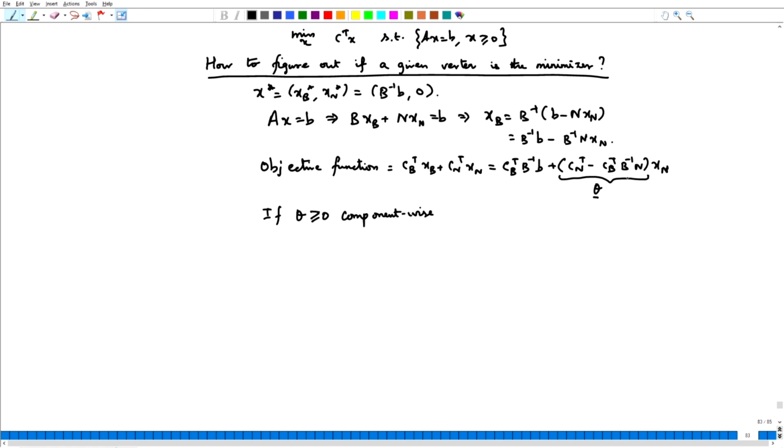So, B inverse N is m cross n minus m, and cB transpose is 1 cross m. So, this will also be 1 cross n minus m. So, there will be n minus m components in the theta vector, right.